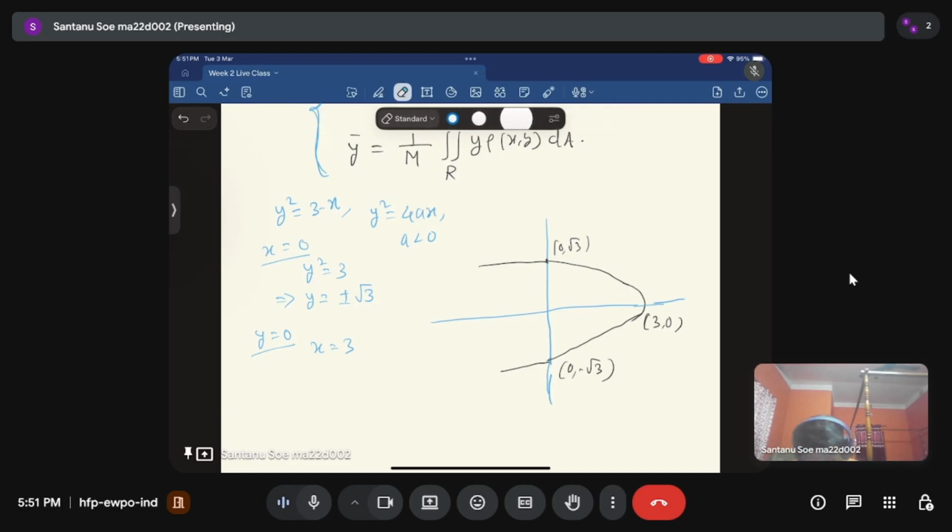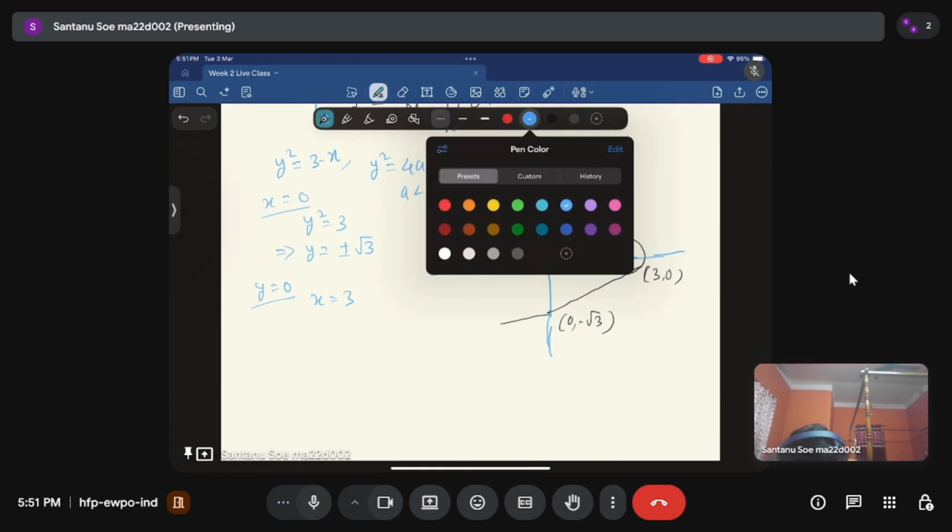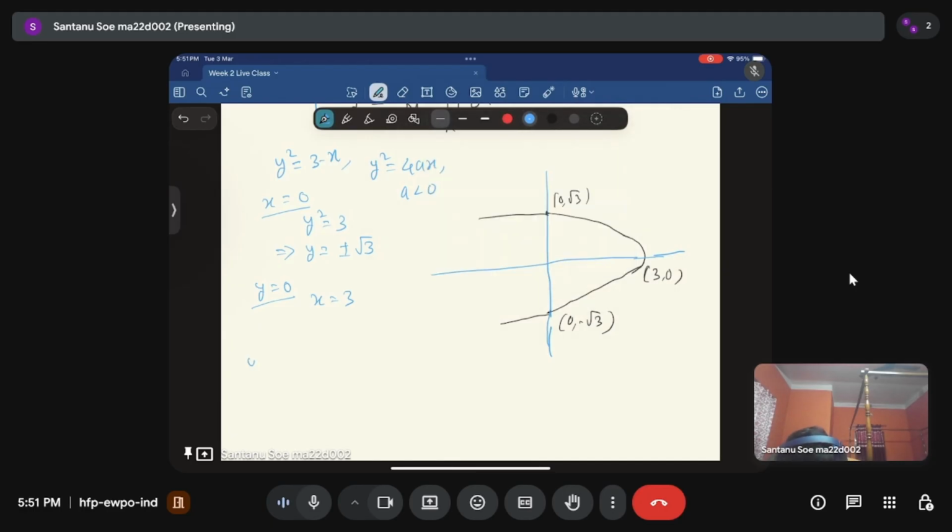Okay, so now we're going to draw the next parabola, which is y square equals 3 minus 3x.